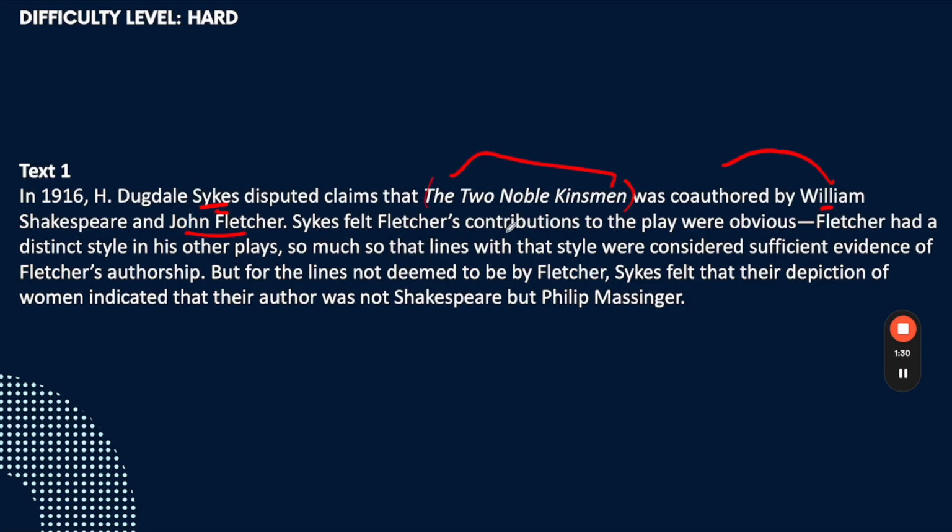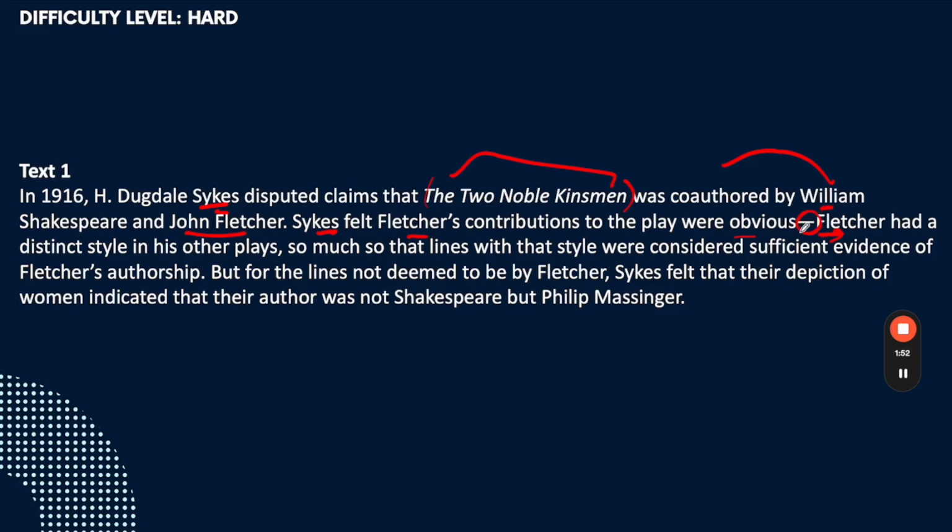Sykes felt Fletcher's contributions to the play were obvious. So as per Sykes, Fletcher's contribution to the play was very obvious, and if you know the use of a single dash, you know what comes up. So we have an extra explanation of why he thinks it was so obvious in the later part of this sentence.